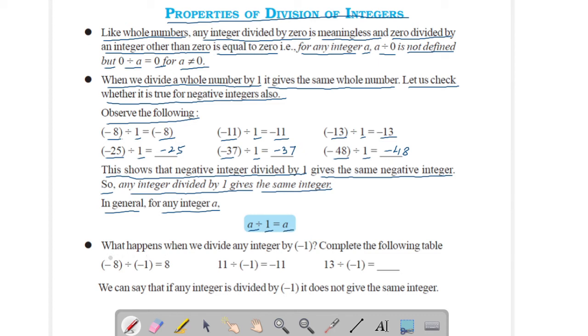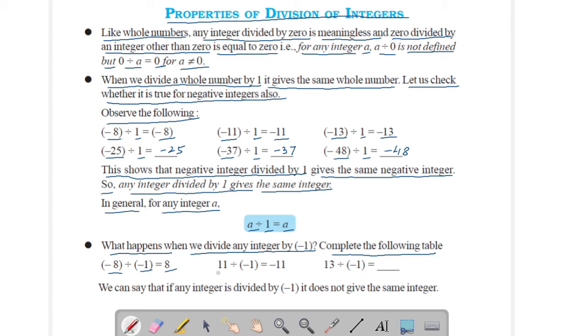Third property, what happens when we divide any integer by minus 1? Complete the following table. Minus 8 divided by minus 1 equal to 8.